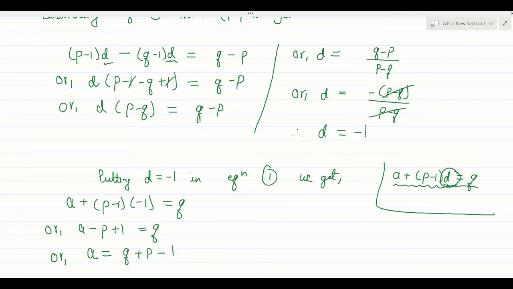So we have got the value of A as well. We got the value of D, which is minus 1. We got the value of A, which is Q plus P minus 1.